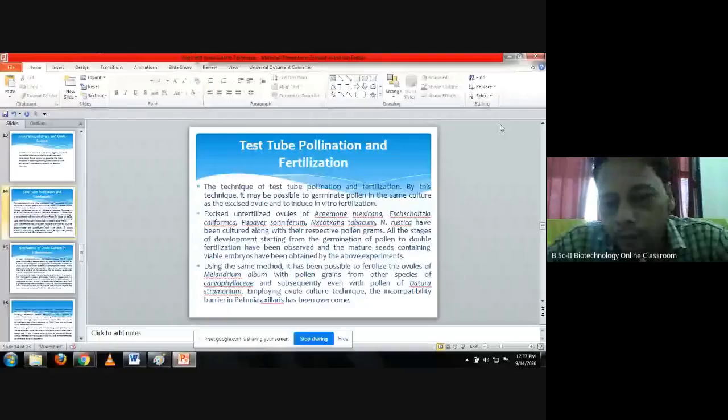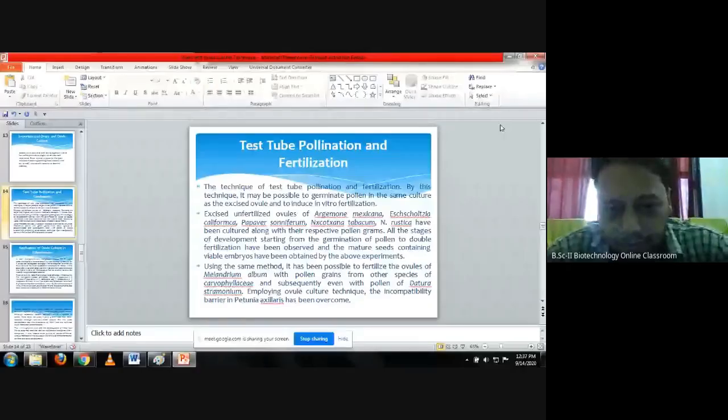We take this ovule and put pollen also together and we induce in vitro fertilization. म्हणजे जे आर्टिफिशियली होणार आहे ते आपण इन विवो ऐवजी इन विट्रो करतो. So we can study the morphological changes or biochemical changes and the structure, how the cells divide, using this test tube pollination method.